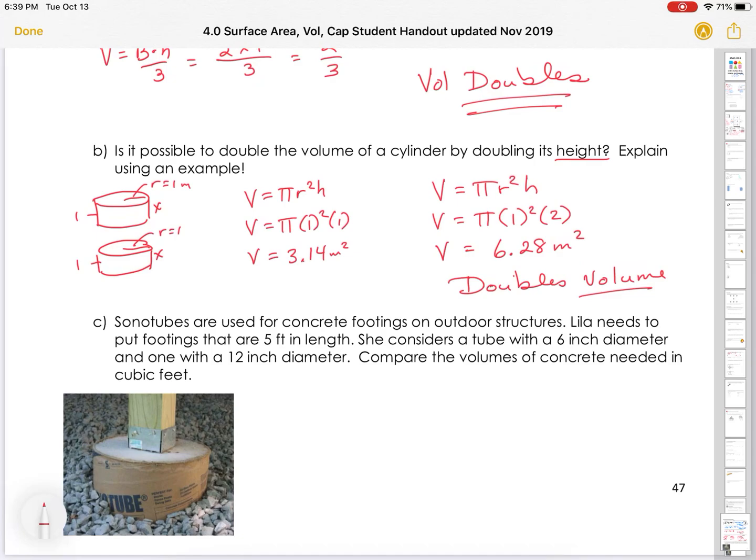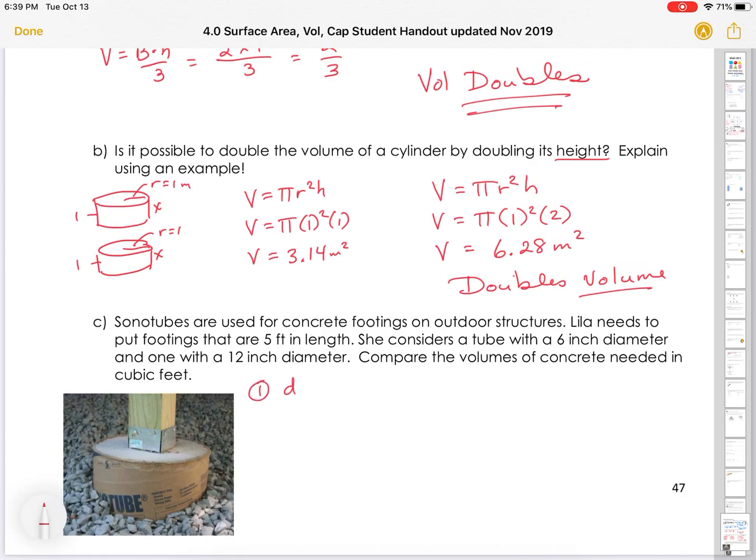Okay, sonotubes are used for concrete footings on outdoor structures. Lila needs to put footings that are 5 feet in length. She considers a tube with 6-inch diameter, and one with 12-inch diameter. Compare the volumes of concrete needed in cubic feet. So we're basically changing our diameter.